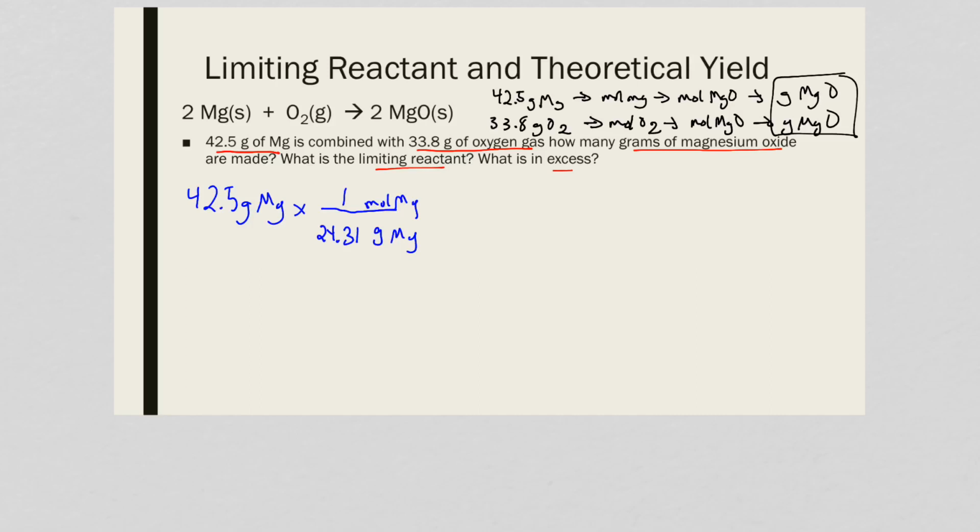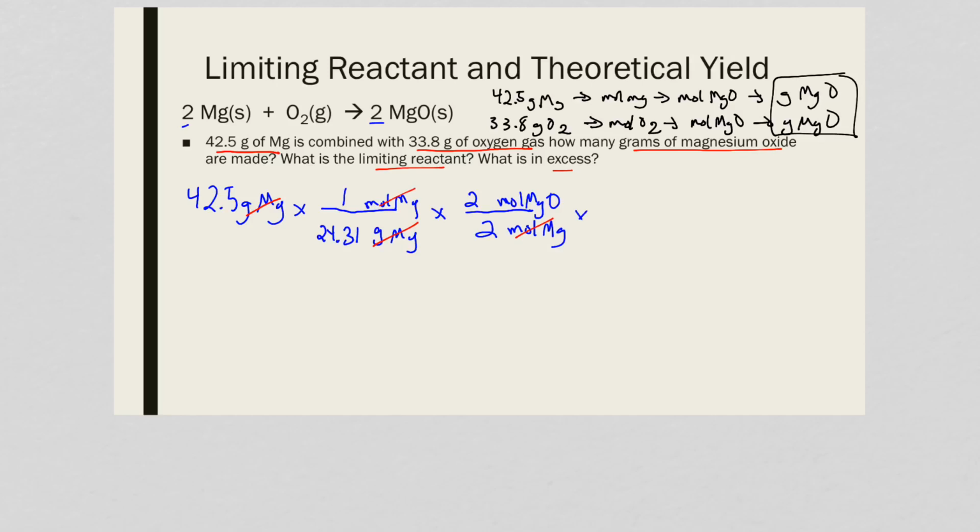So this is going to cancel out my grams. Now I'm going to convert into moles of magnesium oxide, getting rid of the moles of magnesium. We're going to use my ratio. My equation tells me that for every 2 moles of magnesium oxide I make, I need to use 2 moles of magnesium, right? The 2 to 2 ratio. Cancel out my moles of magnesium.